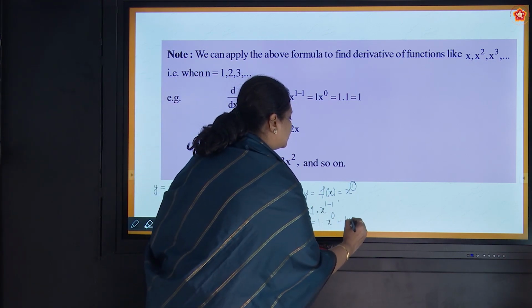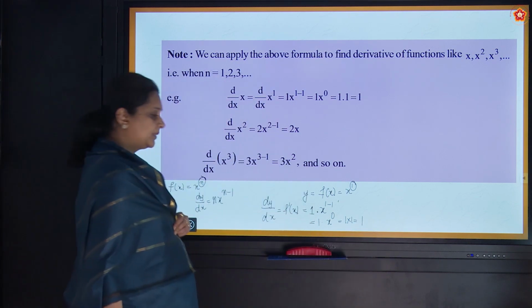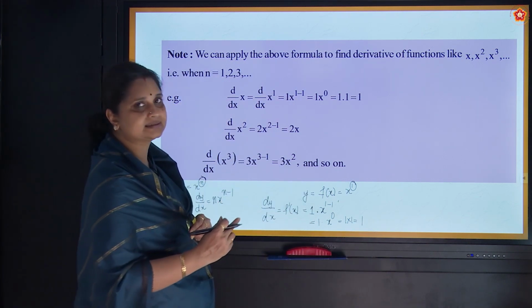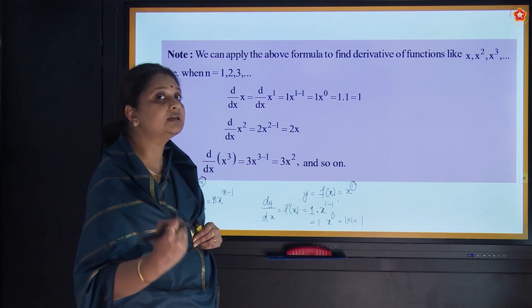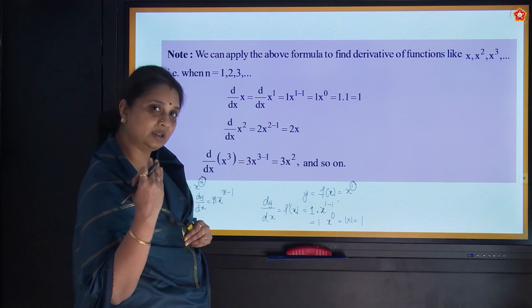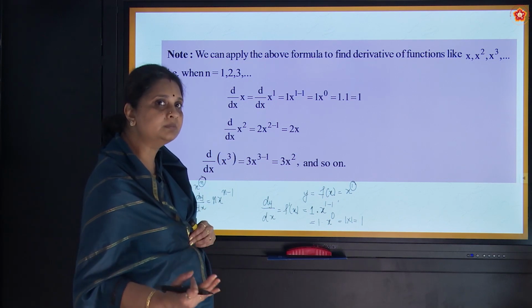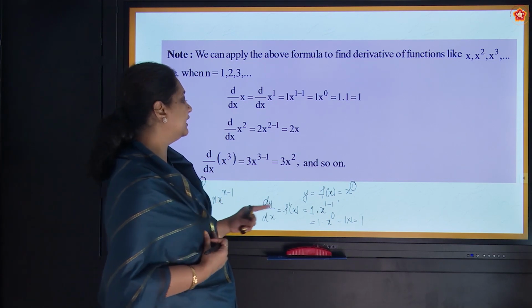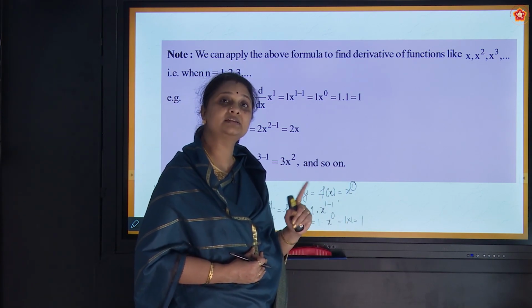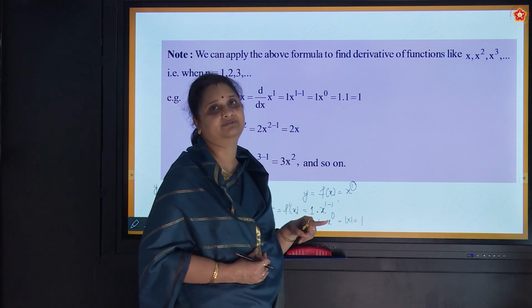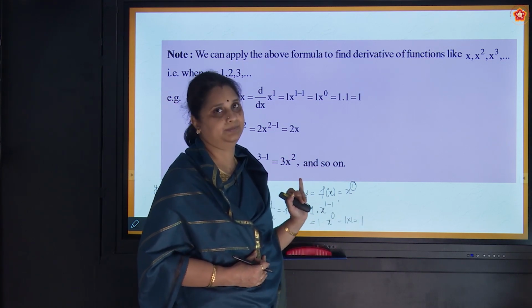So this is 1 into 1, and that is equal to 1. So whenever we differentiate x, we get 1. This is a very important result. We will be using it in all the questions that are yet to come. So please always remember that when x is differentiated with respect to itself, you always get 1.